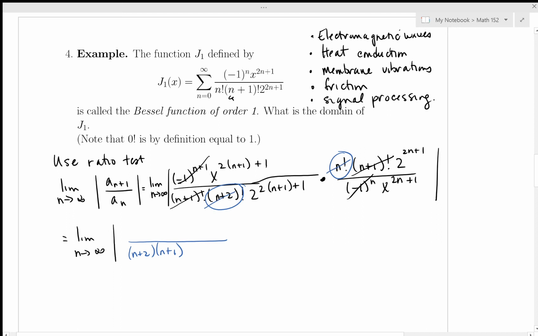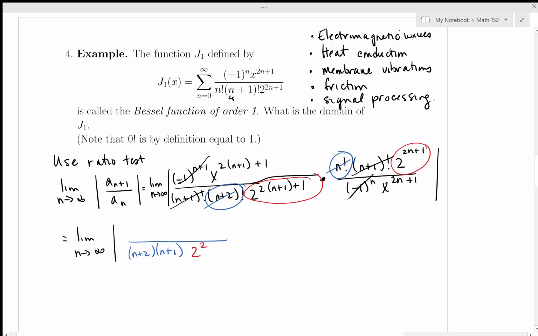That gets me those two things there. Now let's look at the powers of 2 we have. We've got 2 to the 2n plus 1, and we're dividing that by 2 to the 2n plus 3, leaving me with 2 squared in the denominator.